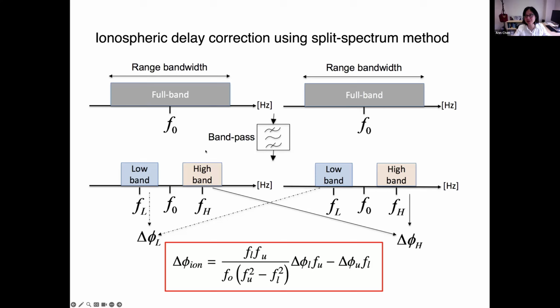The key difference is that everything else is the same, but these two bands have different center frequencies. That is why for these two interferograms, the ionospheric delay is going to be different. And thus, by combining these two phase differences with the equation shown here, you are able to predict the ionospheric phase and then do the correction.